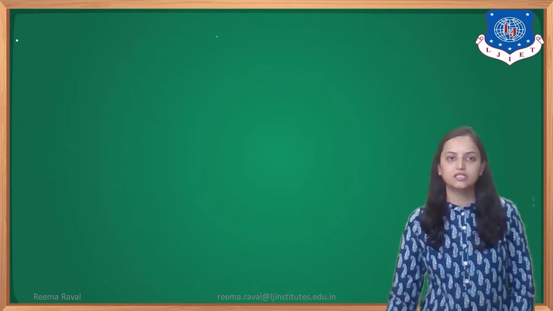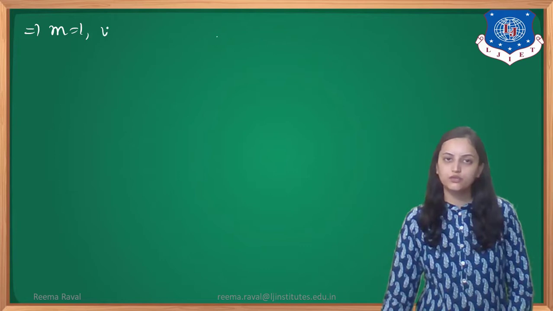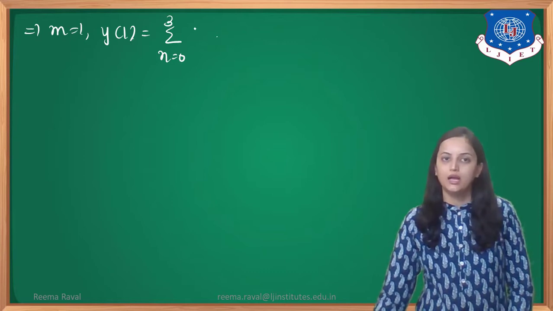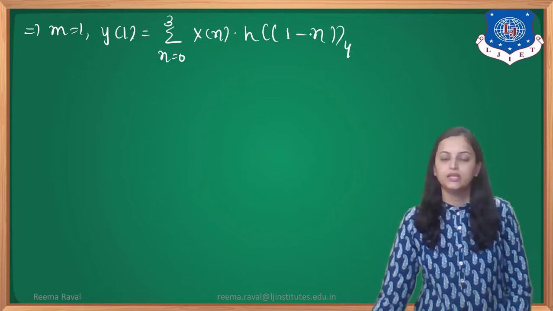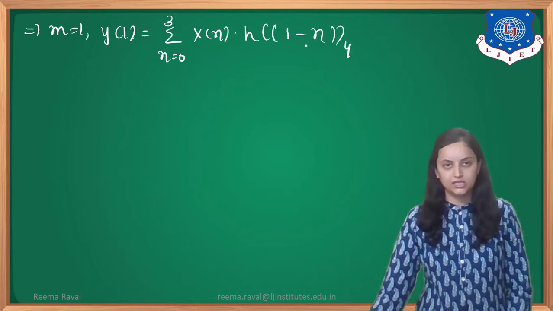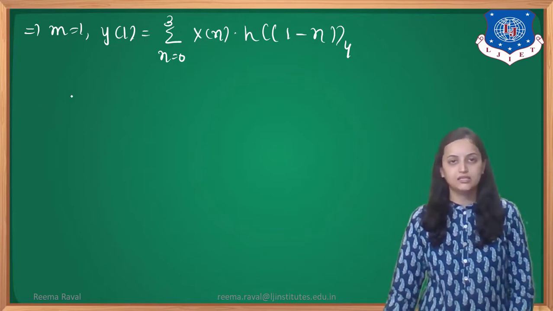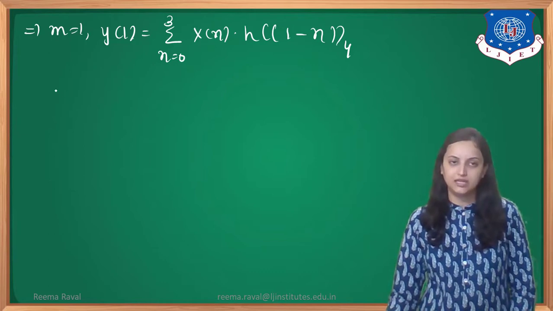Now let's take the next value, that is m equals 1. So for m equals 1 we will get y of 1, that is equal to summation of n equals 0 to 3 x of n into h of m, that is 1 minus n for 4 point. This indicates that it is minus n plus 1. So for the previous case where we have found the values for minus n, we will add that and we will get 1 minus n instead.